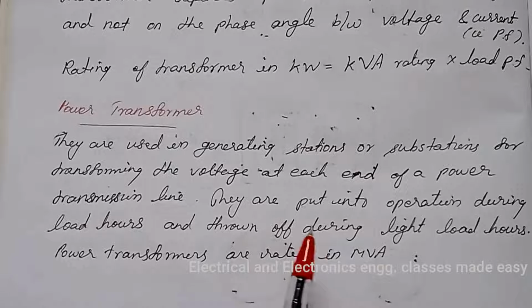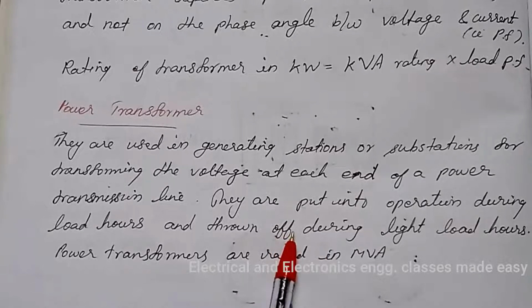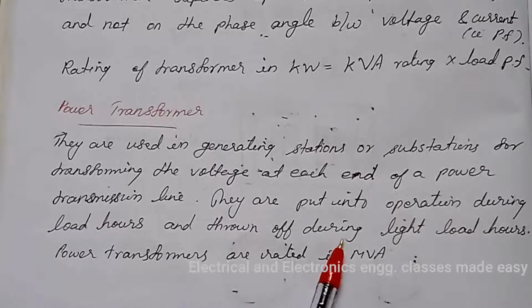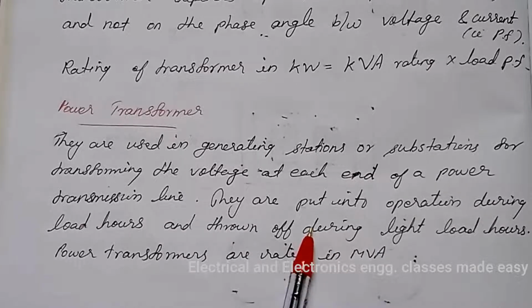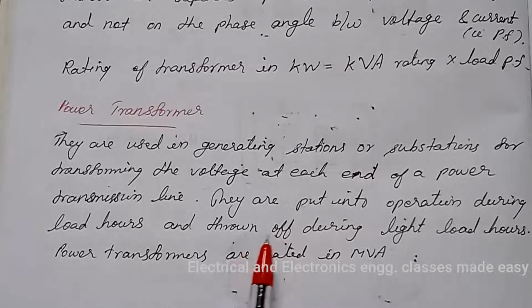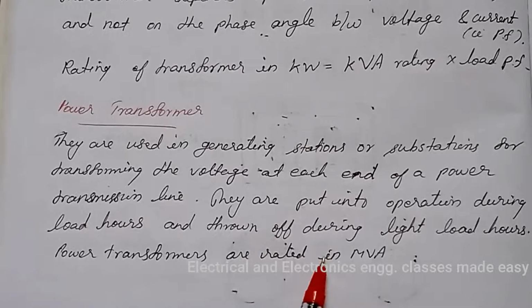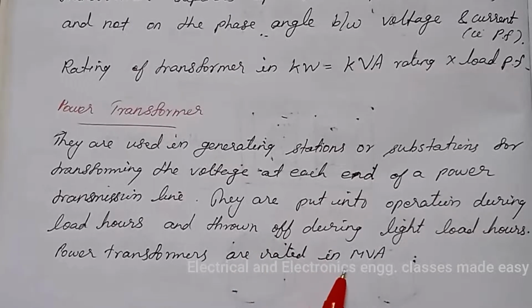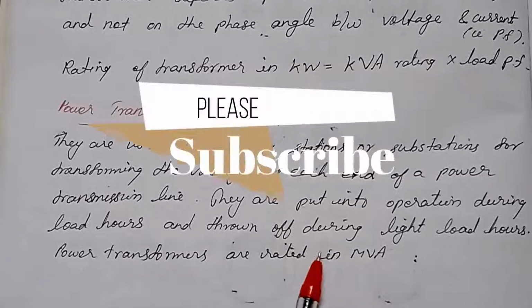And this is possible because they are usually arranged in banks and can be thrown parallel with other units or disconnected at will. Therefore, these transformers are designed to have maximum efficiency at or near full load. And normally, the power transformers are rated in MVA.